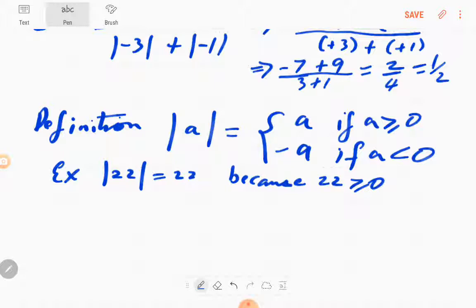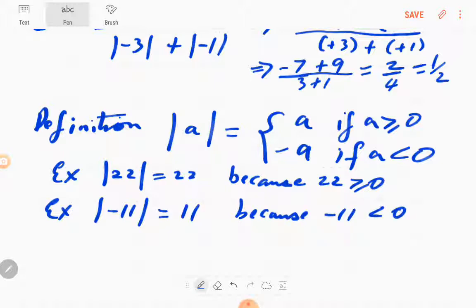It's equal to itself, right? But if you have a negation, say minus 11, well, this will equal 11 because here minus 11 is less than 0, and in this case, following the second command here, it becomes negative of negative 11, so that is plus 11.